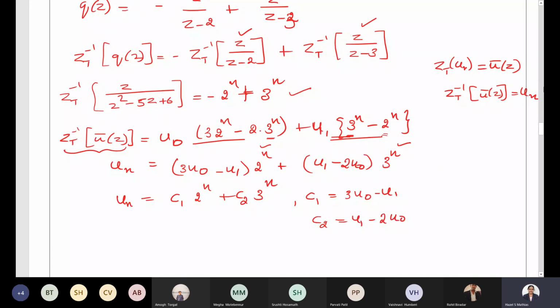Here c1 and c2 are arbitrary constants because they contain the terms u0 and u1, and we know that u0 and u1 are constants. How to find those constants we have also discussed in the last topic. So this is the solution. Finally we have to find un, and that gives us the general solution of the difference equation. Is it okay, everyone?